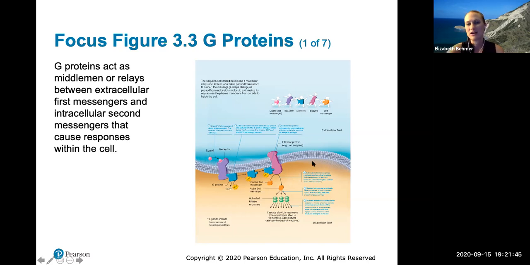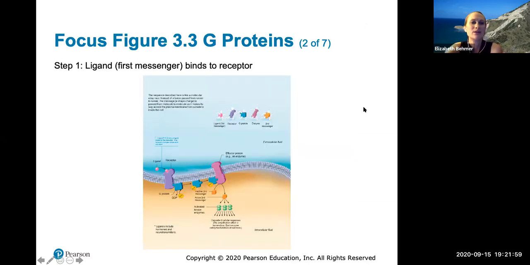So that's why we talk a lot about receptors, because different poisons, drugs, prescriptions, hallucinogens, LSD, marijuana, are actually interacting with specific receptors on your cell membrane. So it's important to have a general idea of why receptors are important and what they do.